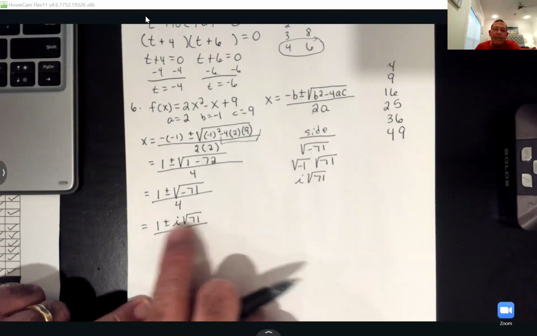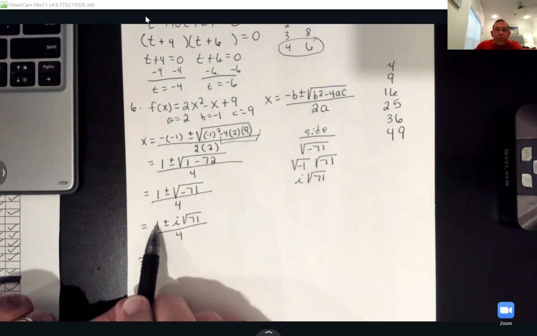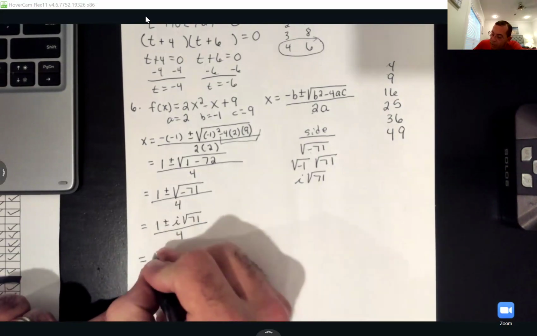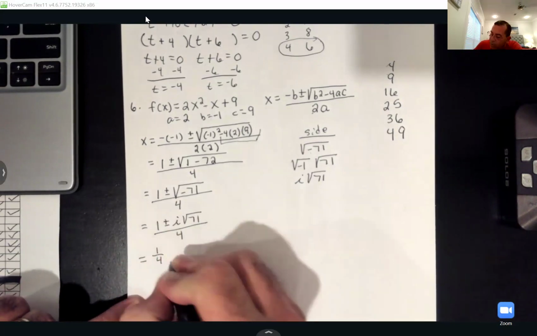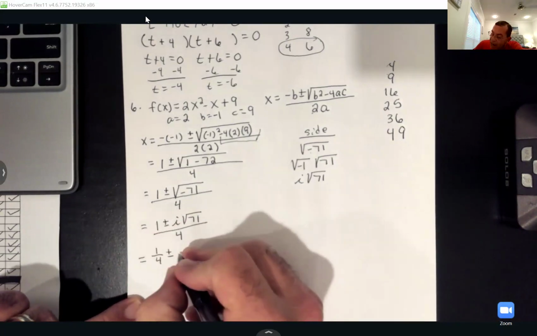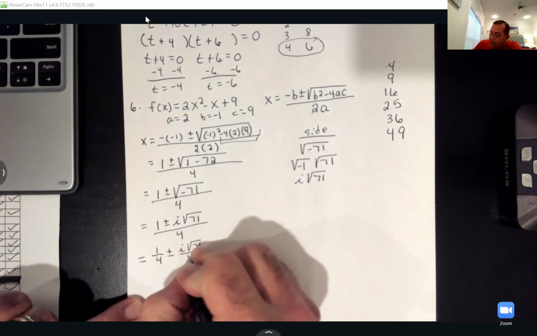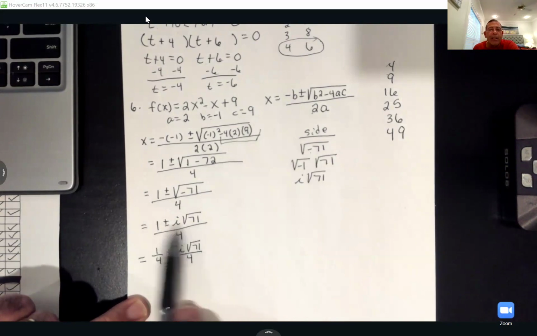All right, so now since you have imaginary stuff here, they want us to split this into two fractions. So you're going to put the 1/4 first. So the first fraction will be 1/4, and then plus or minus. And then my second fraction will be i square root of 71 over the 4. So we're just splitting it apart, putting both of these parts in the numerator over that 4.